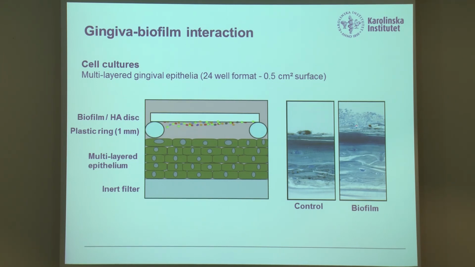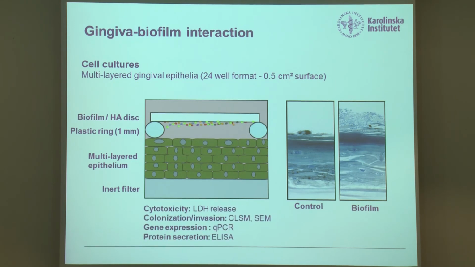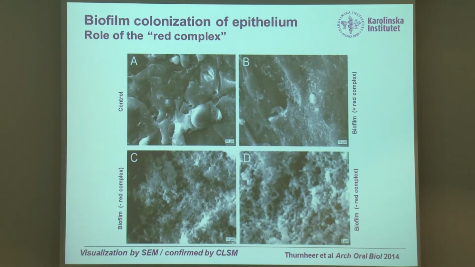And when we perform histology here, toluidine blue staining, you can see the control without the biofilm, with multiple epithelial cell layers. With the biofilm, you can see that the biofilm has established over time, even on the epithelial cell surfaces. And one can study different things, like cytotoxic effects of the biofilm, or colonization or invasion, gene expression, and protein expression. I will show you an example of colonization.